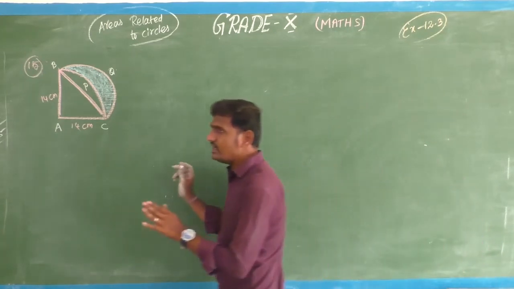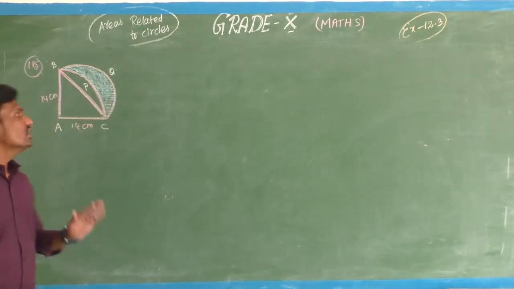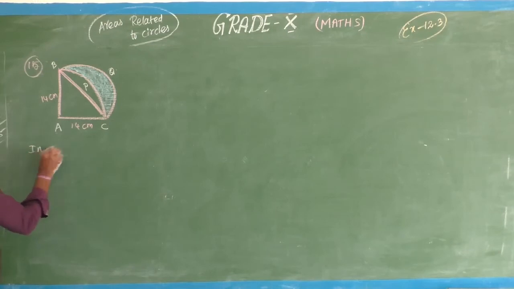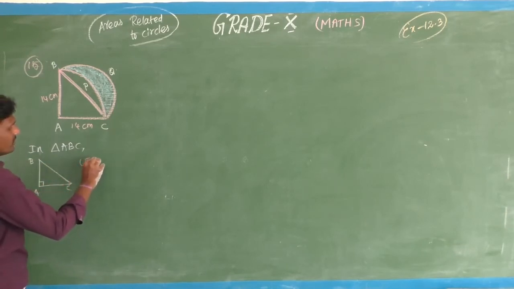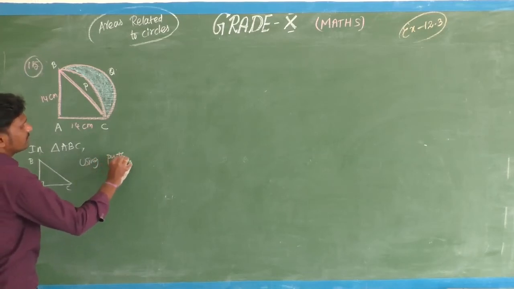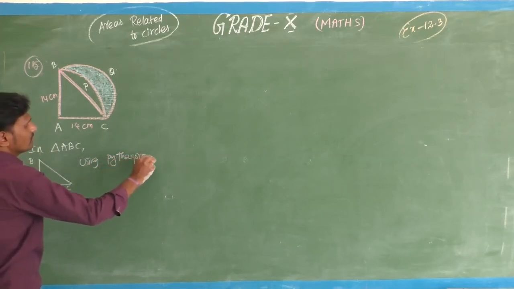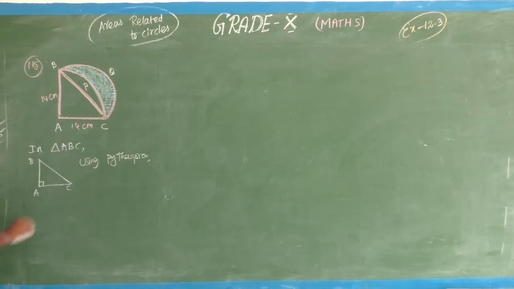So for that, students listen here. First I am going to take triangle ABC, and here I am going to use the Pythagoras theorem. You have AC is 14 and AB also 14.